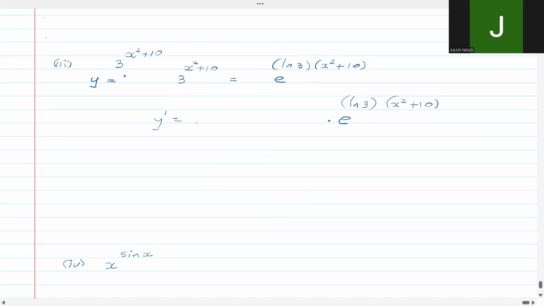Then you multiply by the derivative of the power part. The derivative of this: natural log of 3 is a constant, and the derivative of x squared plus 10 is just 2x.